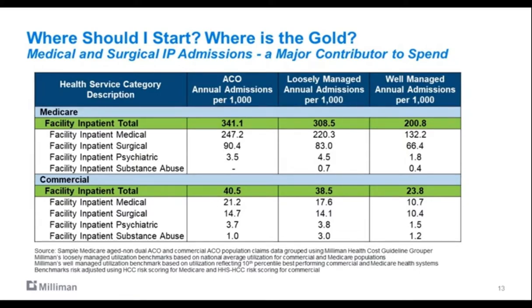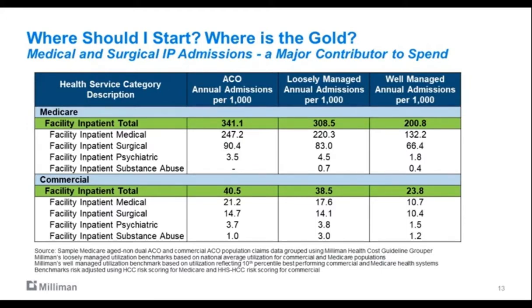What I presented here, you can see for the Medicare, 341 annual admissions per 1,000 Medicare beneficiaries is what this particular ACO was performing at. We compare that in the last two columns to what we call, in Milliman terms, loosely and well-managed admission rates.